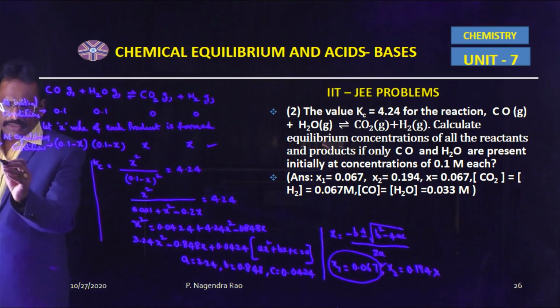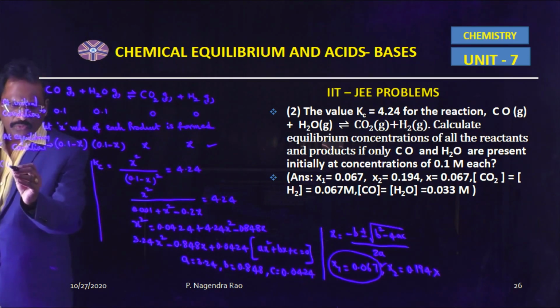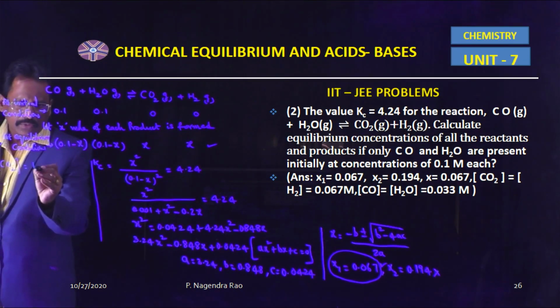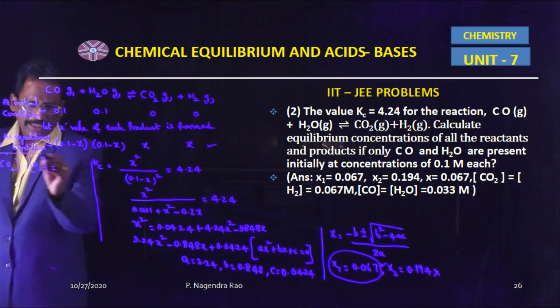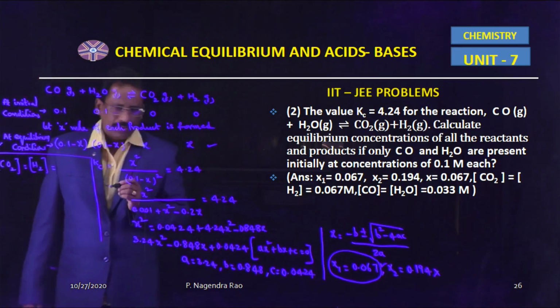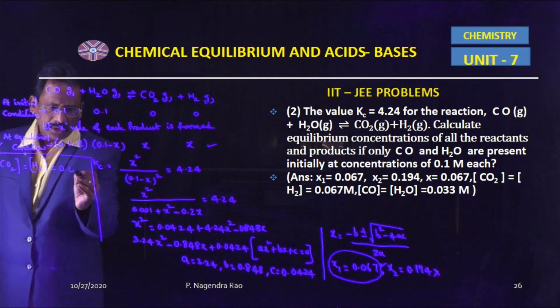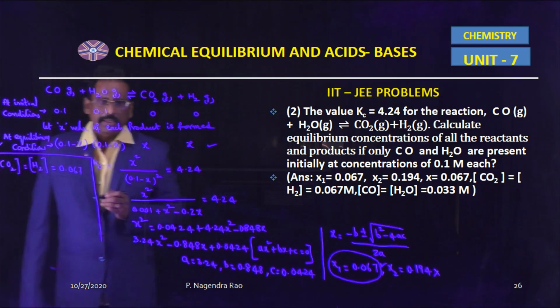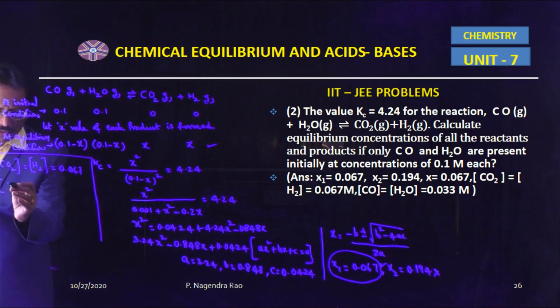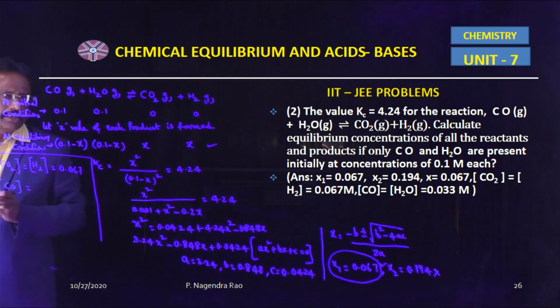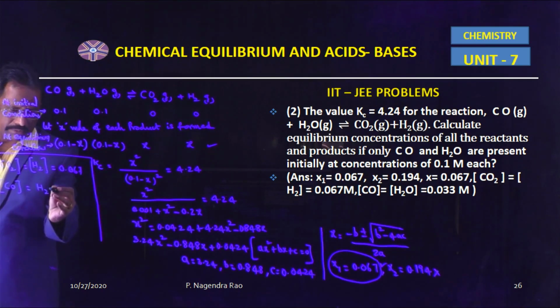Therefore, the active mass of CO2 is equal to the active mass of dihydrogen gas, which is equal to 0.067, and then the active mass of CO is equal to the active mass of water vapor, which is equal to 0.1 minus x.